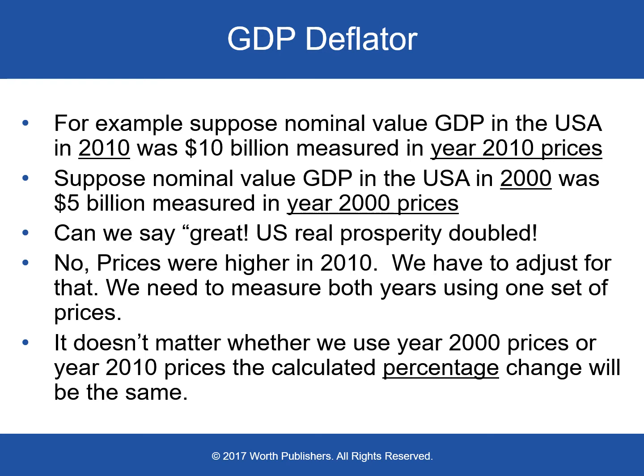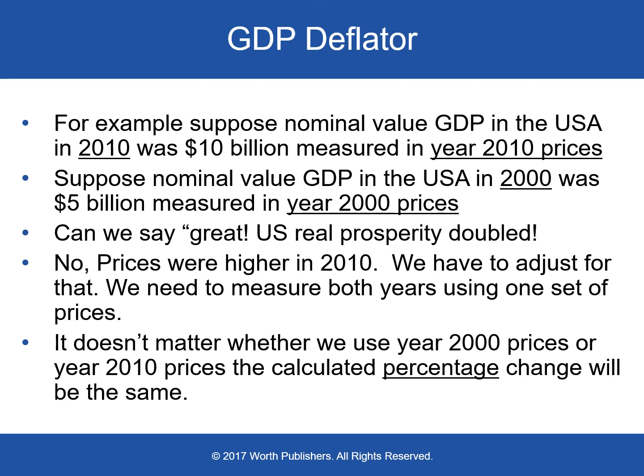Now, obviously, that's way incorrect. US GDP is way more than 10 billion, but just put that to the side. I'm picking an easy number here. So assume in the year 2010, nominal GDP in the US was 10 billion, and we're using 2010 prices to get that number.